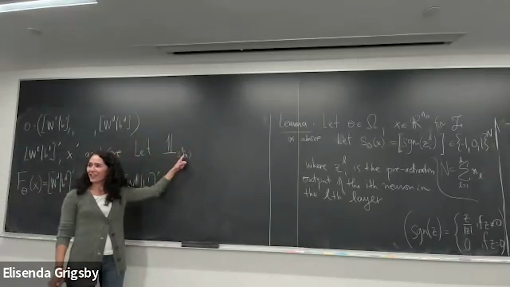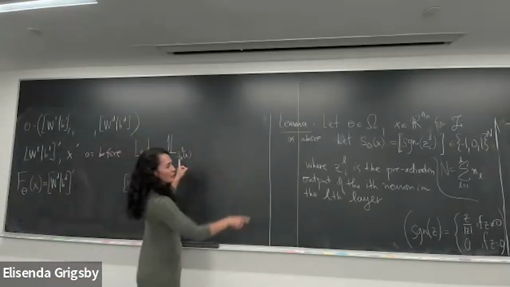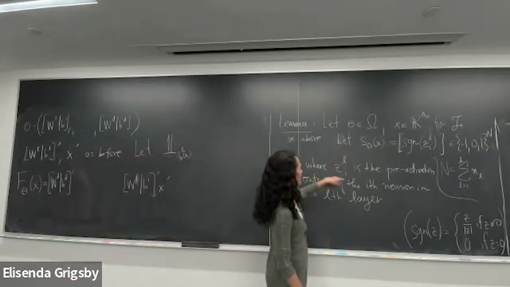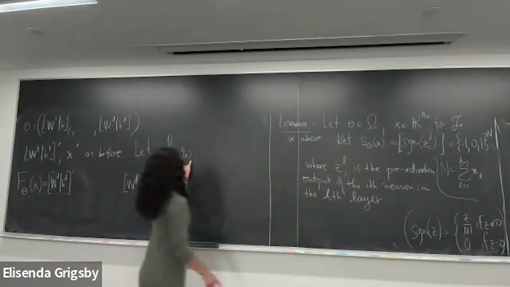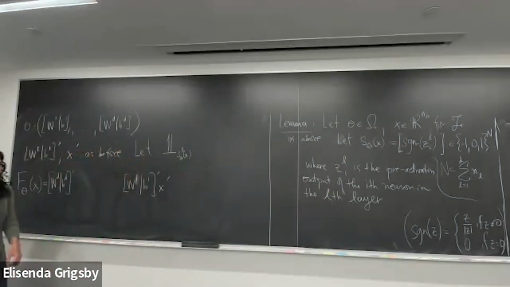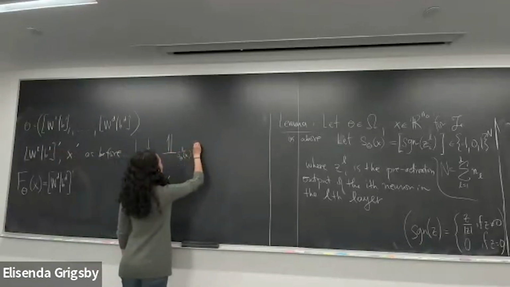For the lth layer, you have the corresponding signs for all the neurons in that layer, so this is now a list of negative ones, zeros and ones.